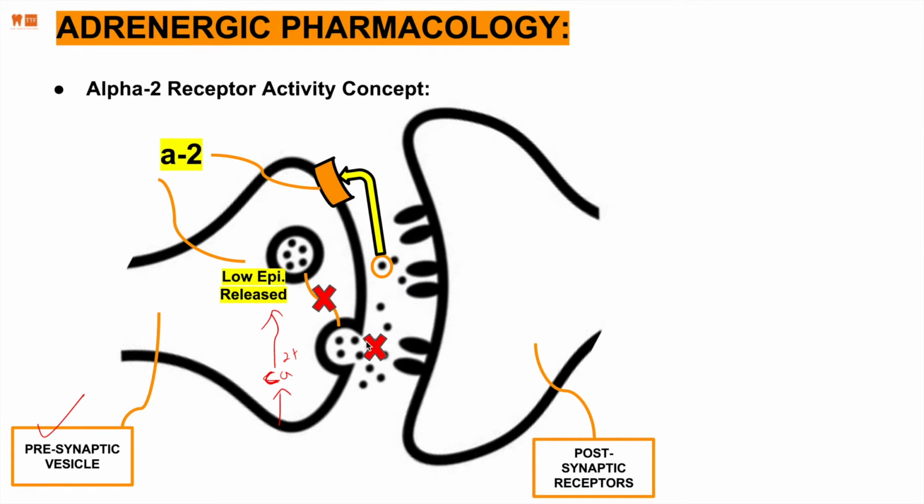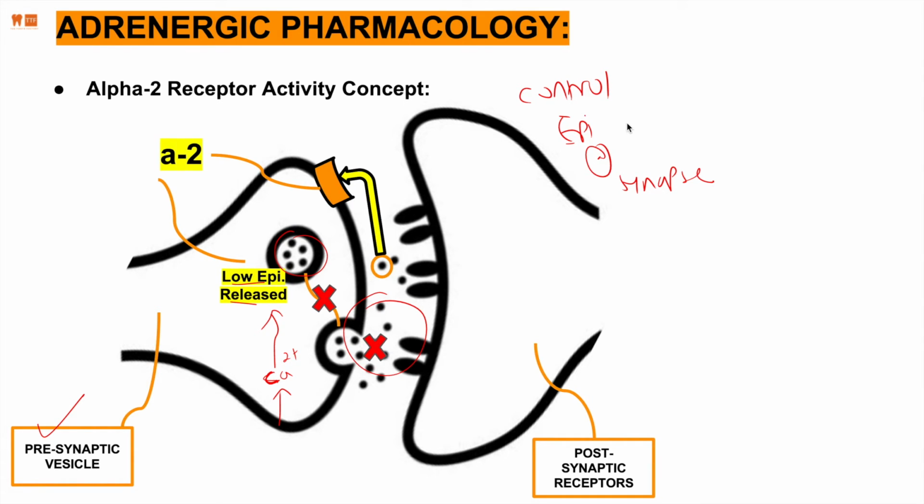But whenever there's too much epinephrine, there is the alpha 2 receptor at the presynaptic vesicle that will attract the epinephrine and put it back into the vesicle. This will cause a reduction in the epinephrine release, so it can control epinephrine or norepinephrine at synapse.